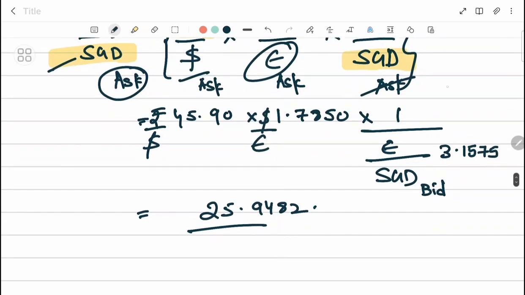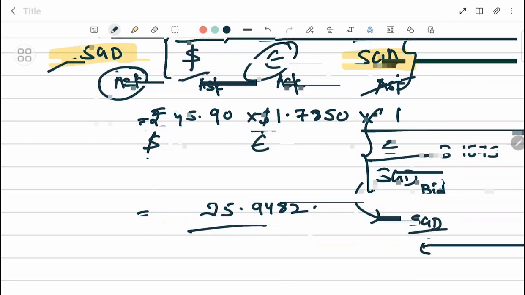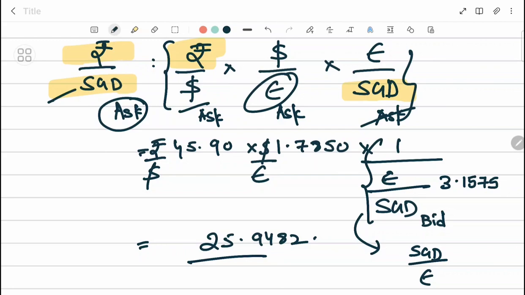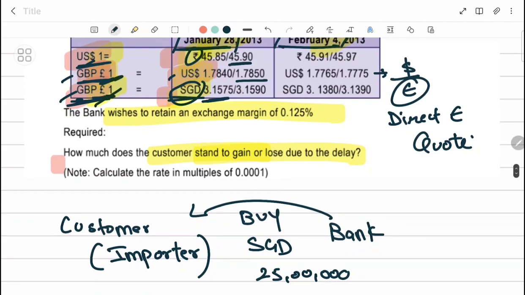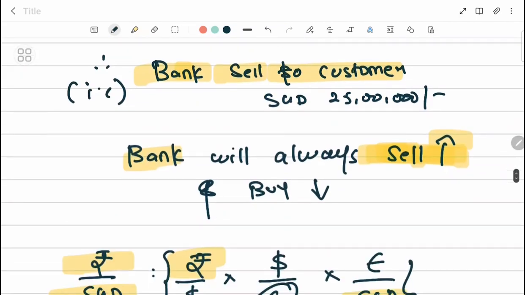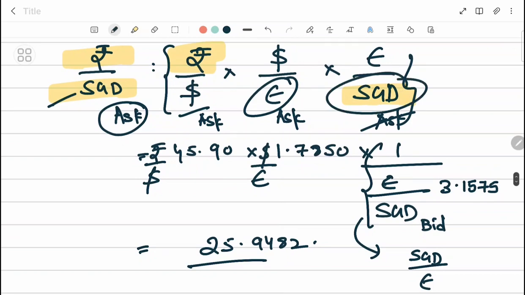This entire thing is SGD by pound. Okay, so no, there is a mistake here. Let's see the final code. A direct pound code is given to us, and we want a direct SGD code. By writing, we just made this mistake. It's a direct pound code, so pound comes into the denominator. This is SGD upon pound, and this bid is correct.